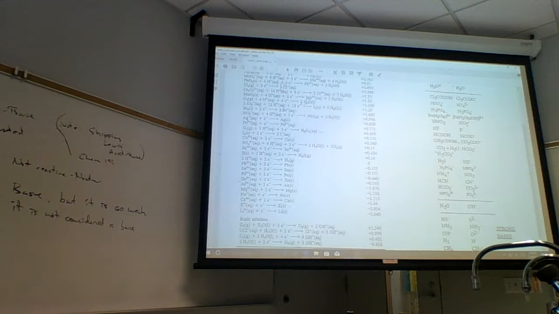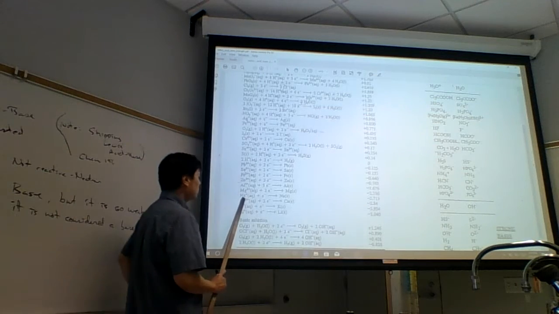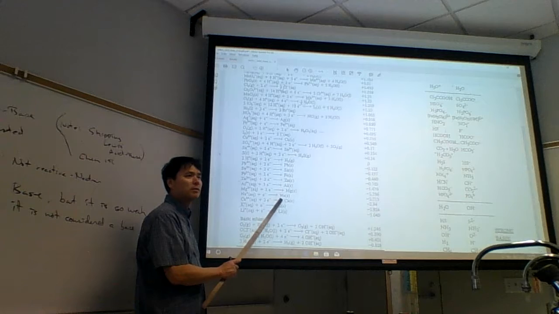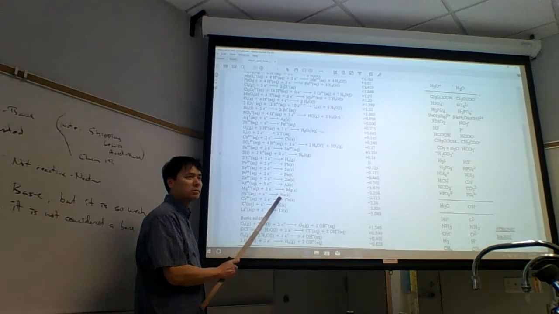It's too weak to be considered. Its conjugate, if sodium ion is too weak to be considered, then its conjugate must be so strong, right? And what is the conjugate of sodium ion? The conjugate of sodium ion is the reducer, sodium metal. So sodium metal must be an awfully powerful reducer.